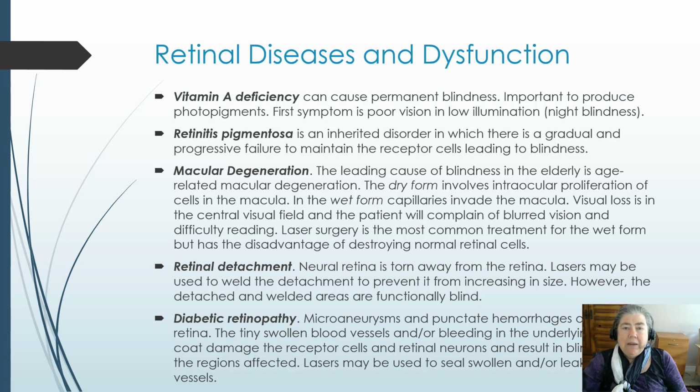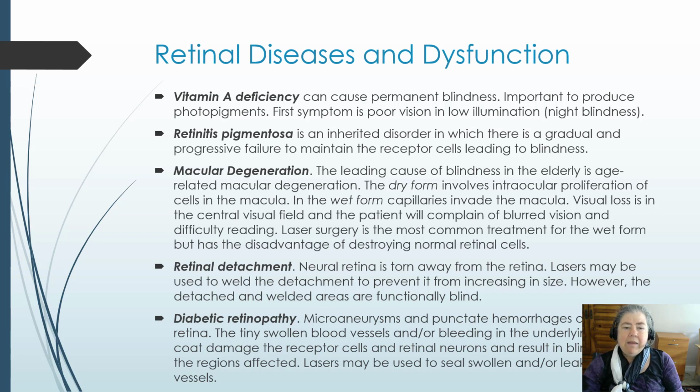And this is treated by, again, using lasers that cause a little bit of scarring, and they weld the neural layer of the retina back to the pigmented layer of the choroid. But again, you get some blind areas because you destroy some neural cells with a laser.